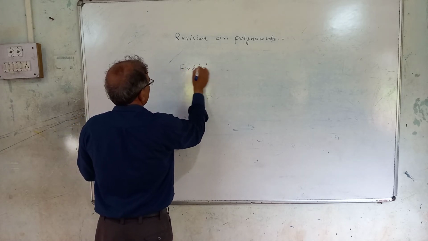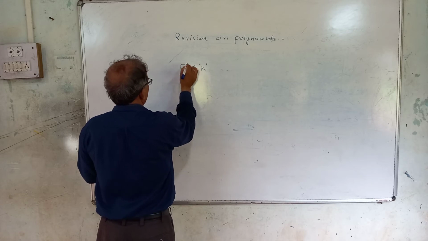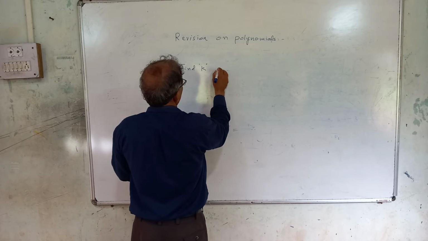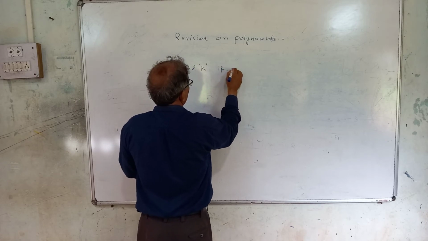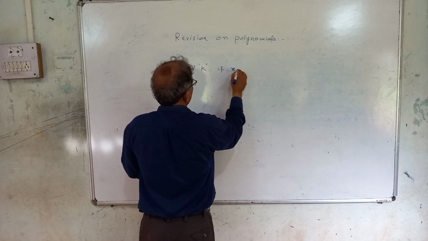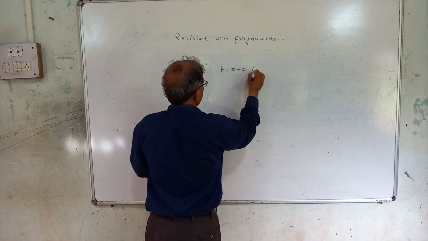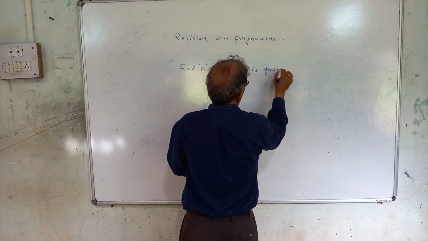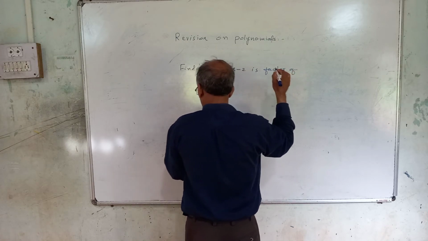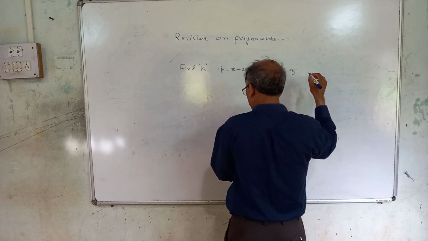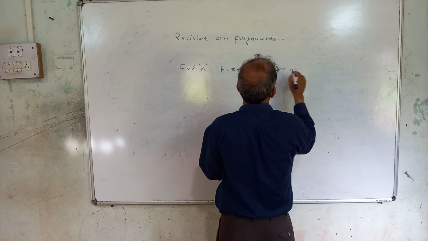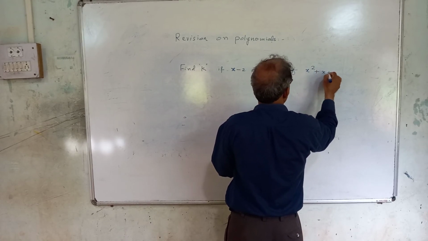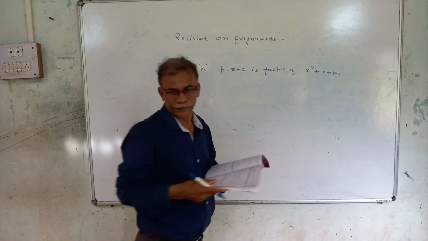Find k, if x minus 2 is a factor of x square plus x plus k.